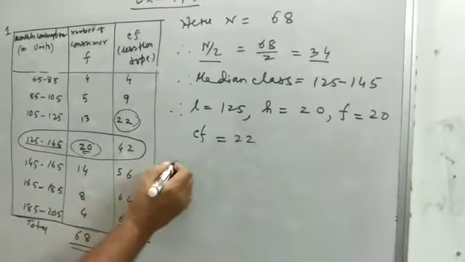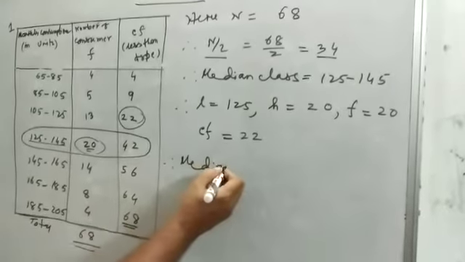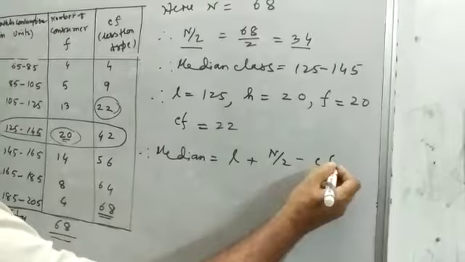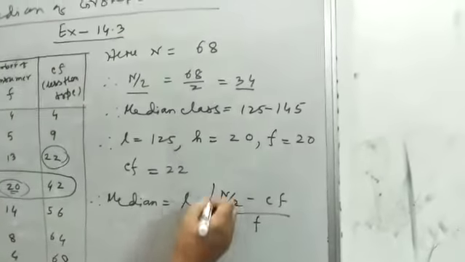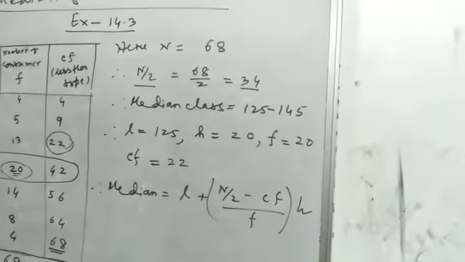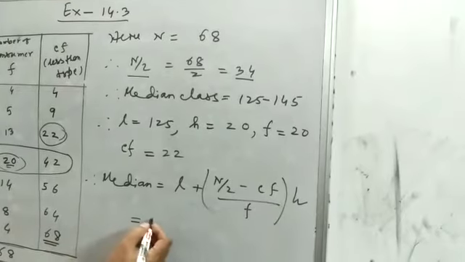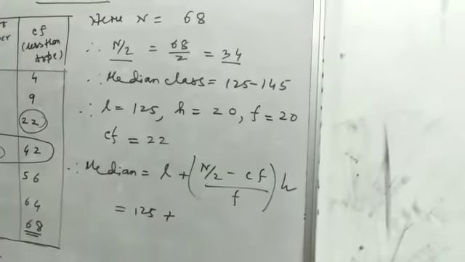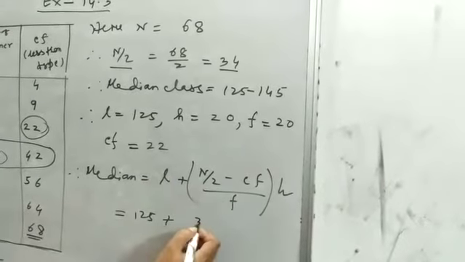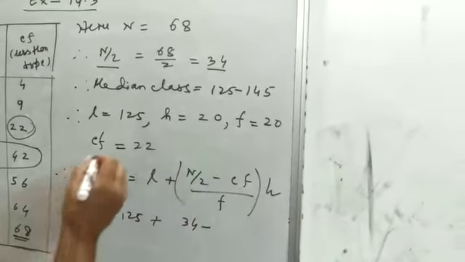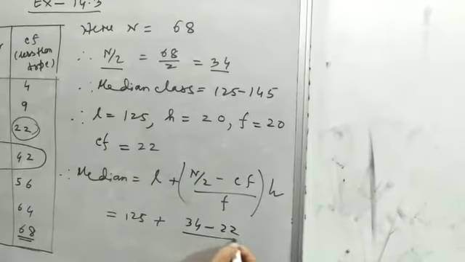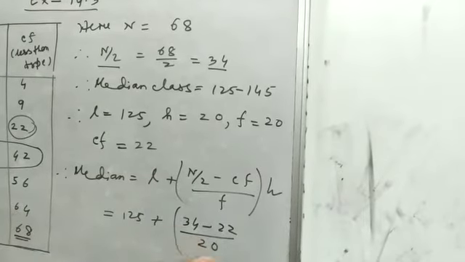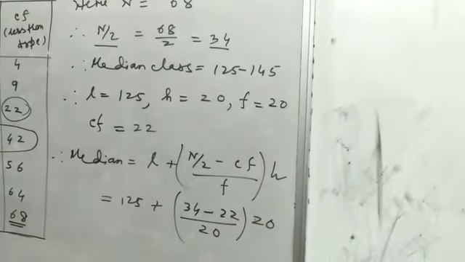So median equals L plus n by 2 minus CF by f, into h. Now L is 125, plus n by 2 we got 34, CF is 22, f is 20 and h is 20.